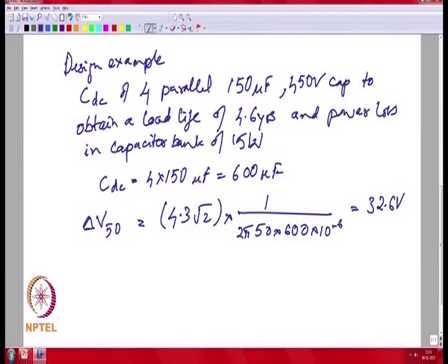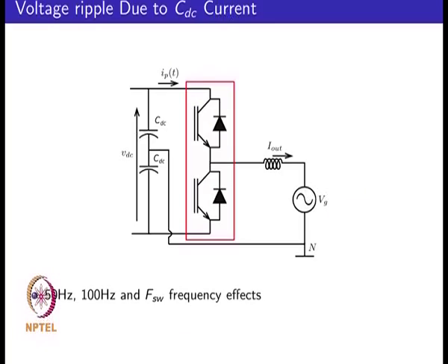We can also observe that for this 50 hertz, if the current is positive, it will charge up the bottom bank and discharge the top bank. So, you might have plus 33 volts at one instant in the bottom, but the top bank will have minus 33.